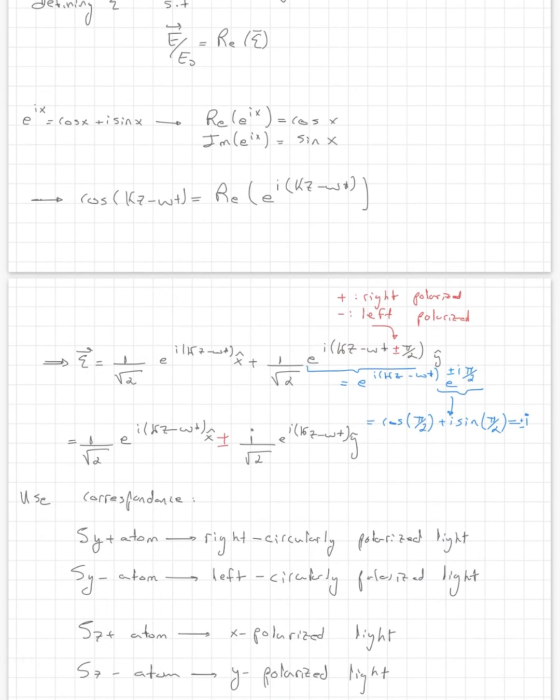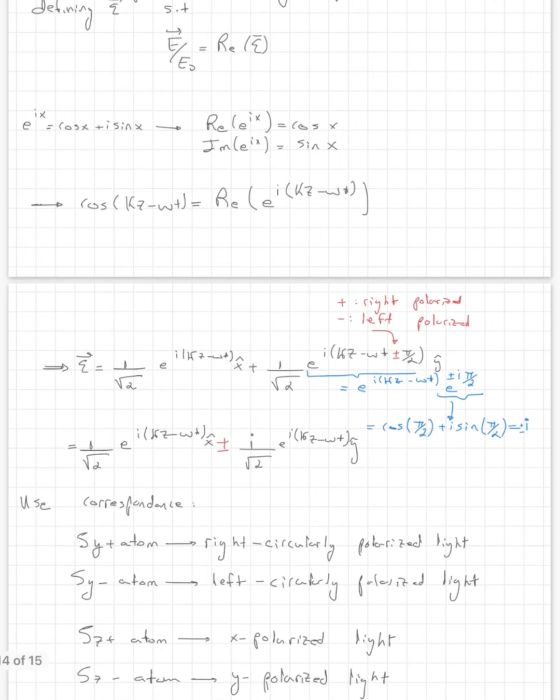So we write the complex field right now just by making the substitutions according to these definitions. So we get 1 over square root of 2 e to the i(kz minus omega t) in the x direction, plus 1 over square root of 2 e to the i(kz minus omega t plus or minus pi over 2) in the y direction. The reason there's a plus or minus here is because I'm representing both right polarized light, represented by the plus sign, and left polarized light, represented by the negative sign. This exponent we can easily split according to the exponent properties.